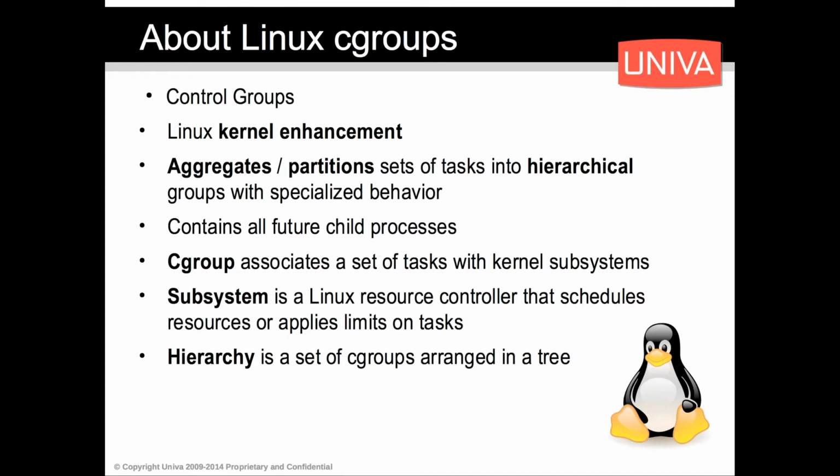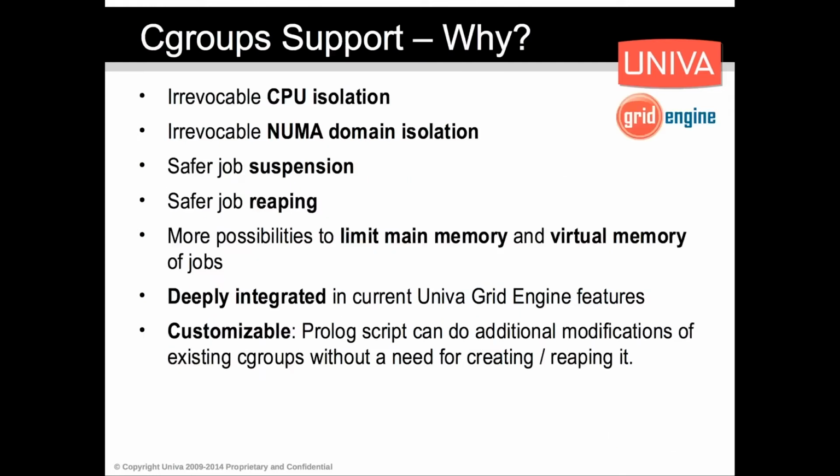A cgroup associates a set of tasks with kernel subsystems. A subsystem is a Linux resource controller that schedules resources or applies limits on tasks. A hierarchy is a set of cgroups arranged in a tree.